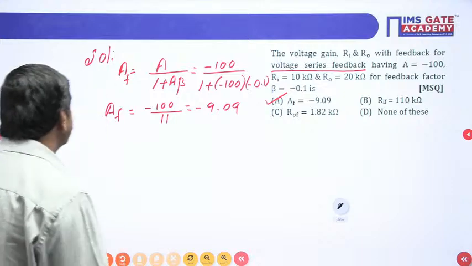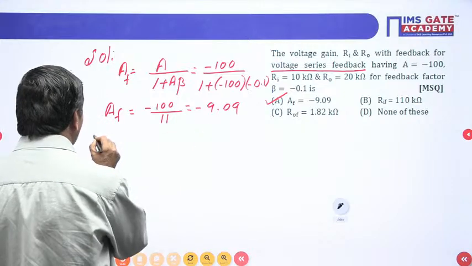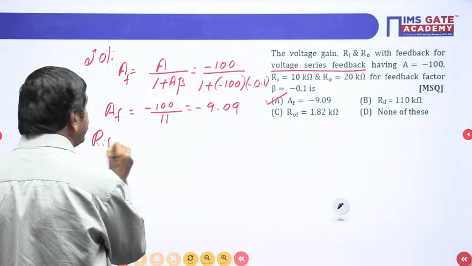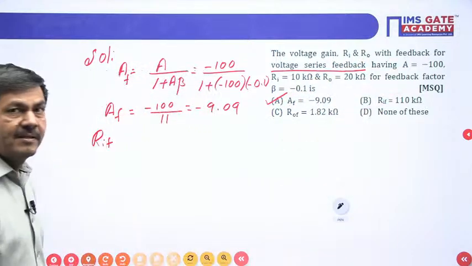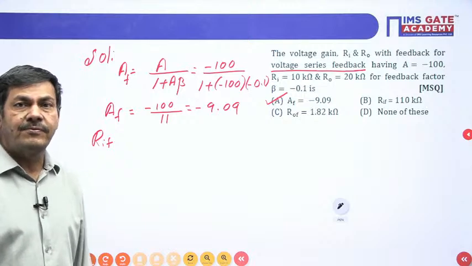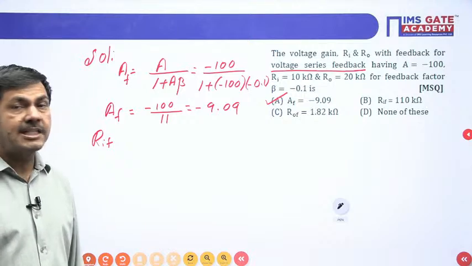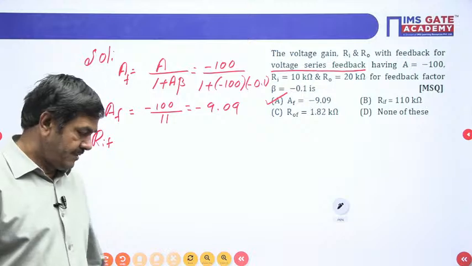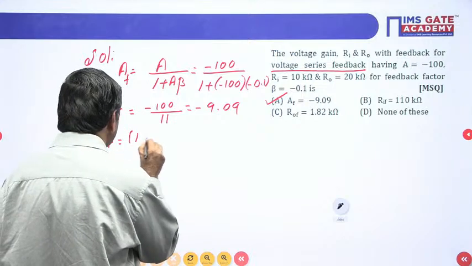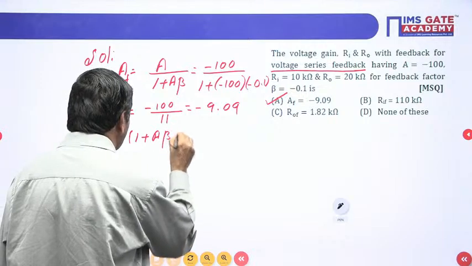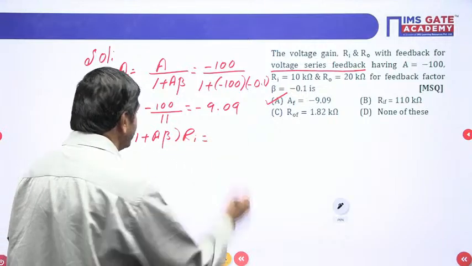It is voltage series feedback, which means RIF, and RI and R0 after feedback, are required. What is RIF for voltage series feedback? It is 1 plus A beta into RI.